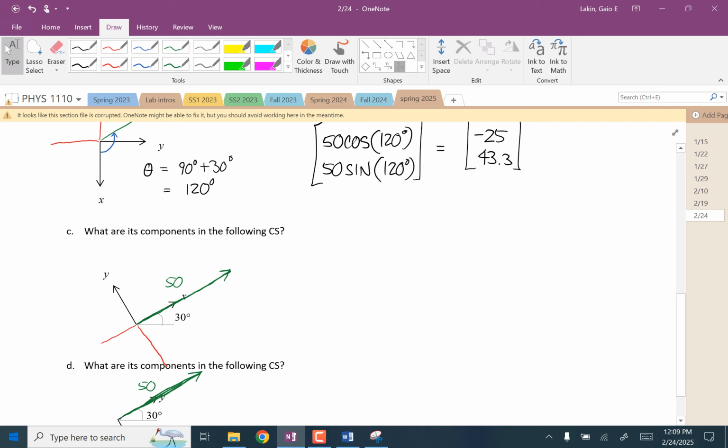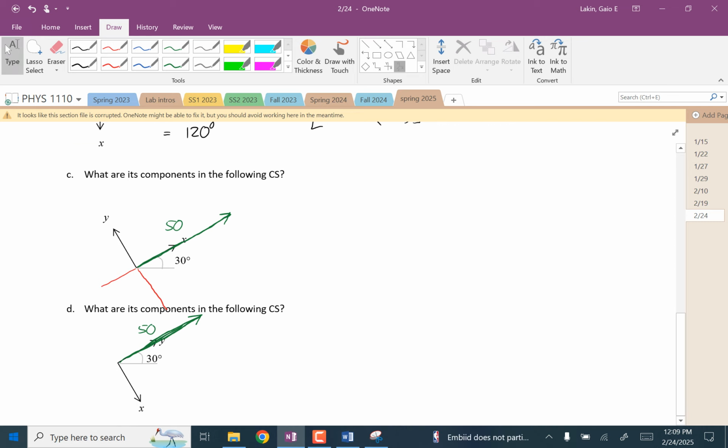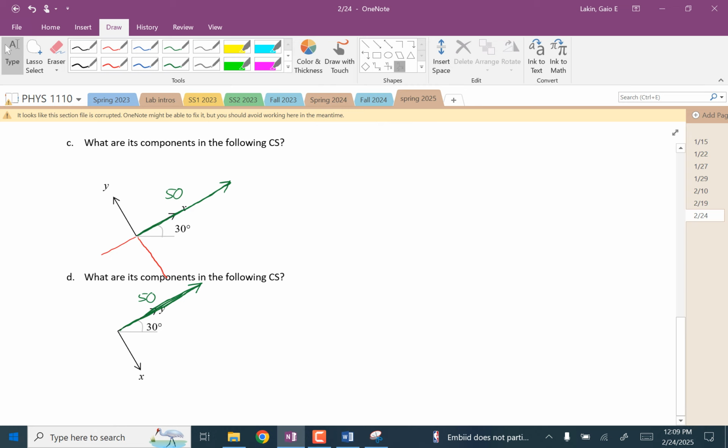Okay, so now for these last two, this is something I want you to get used to just seeing. Notice that that green arrow, we said that's a trip with a distance of 50 along that arrow. So this arrow for C is just lined up right in the positive x direction.